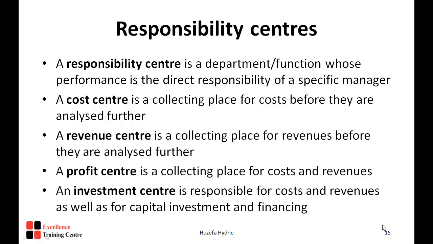So you can divide the organization on the basis of function. What else you can do? You can divide the organization on the basis of geographical area. Like for example, Middle East region, Europe region, South Asian region. So different areas are there. And you can also divide your organization on the different product lines that you have.